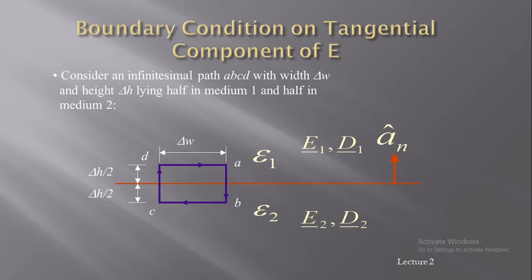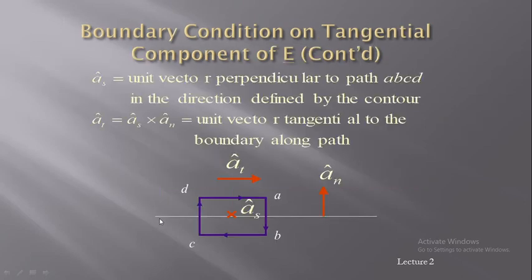To find the tangential component, again we take that closed path ABCD. Here I write delta W as the width and delta H as the height. According to this, for D to A and B to C the components are tangential, while for A to B and C to D the components are normal.